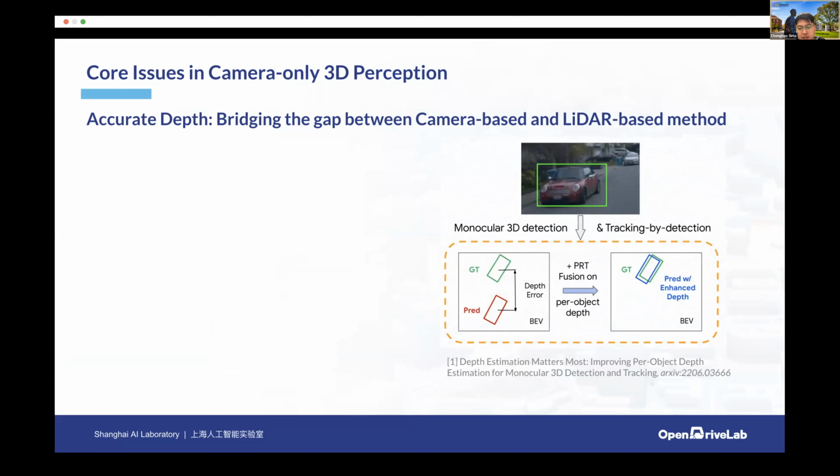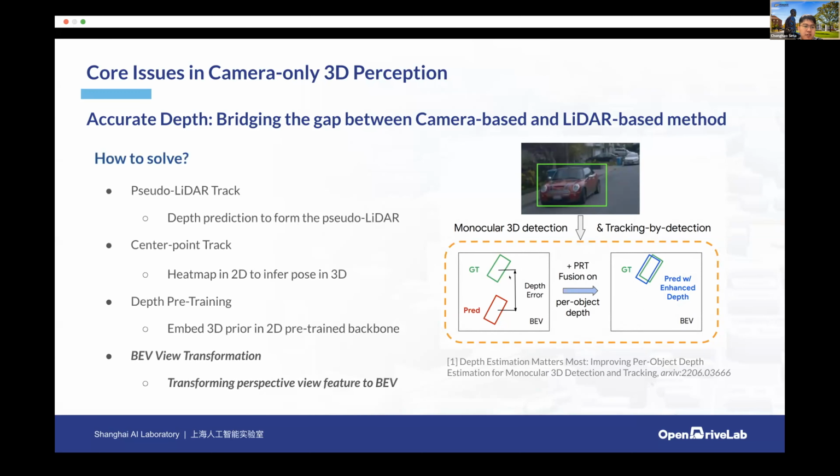In monocular 3D detection or tracking by detection, if we have a depth error, you can see in the BEV, bird's eye view, that the depth error will cause a big gap between the ground truth and the prediction bounding box. But if we fill in the correct depth, the ground truth and the prediction will align well.